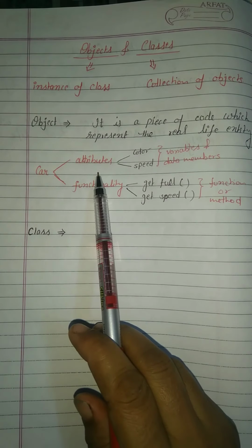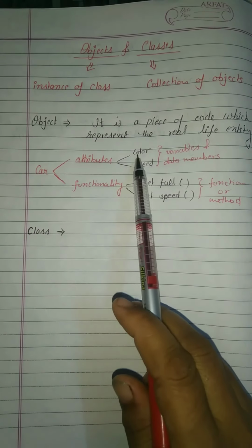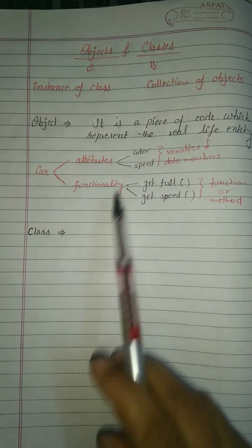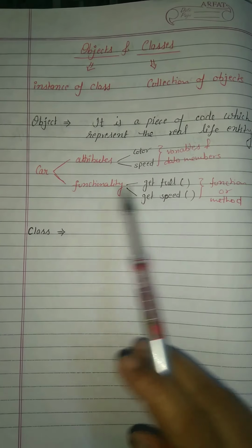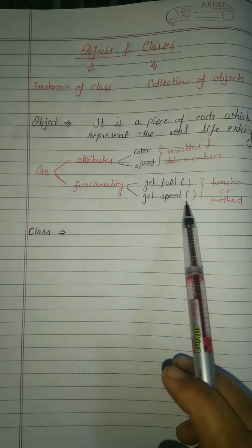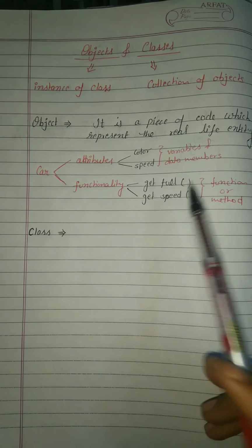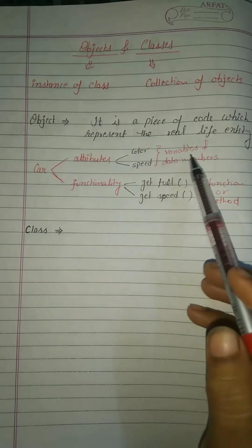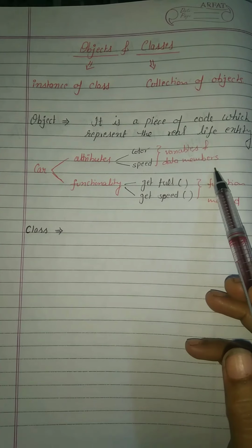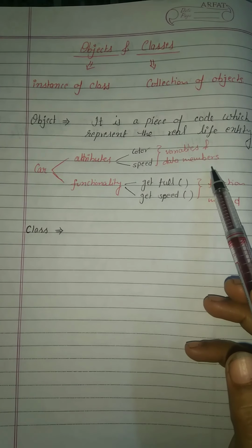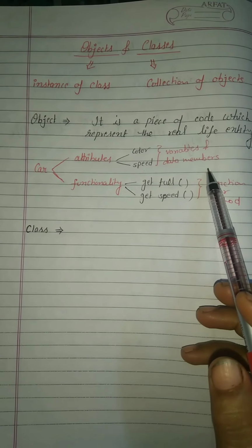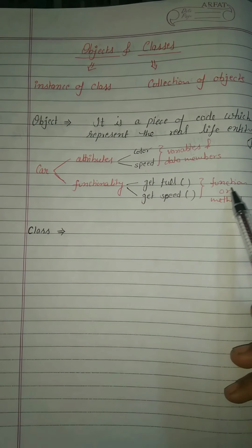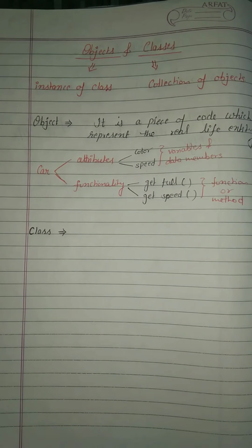In attributes we take things like color and speed. And functionality, for a car, means get fuel, get speed. Color and speed are both variables and data members, and get fuel and get speed are the functions or methods.